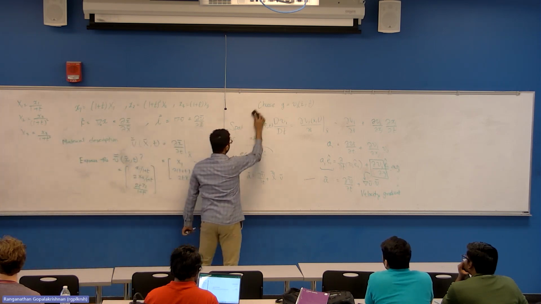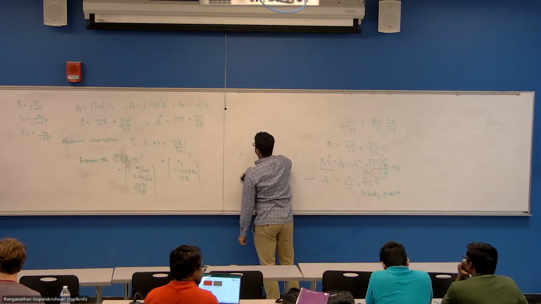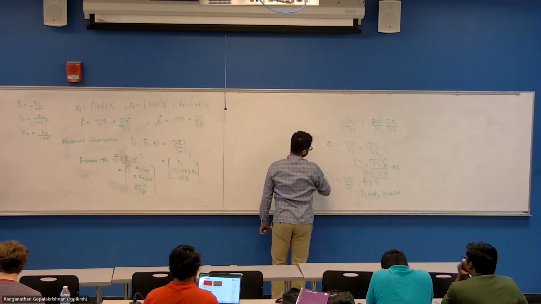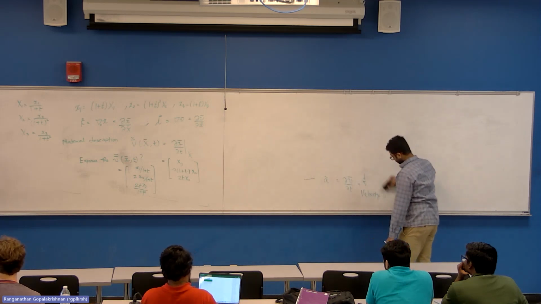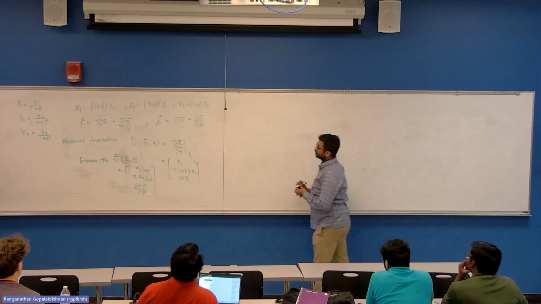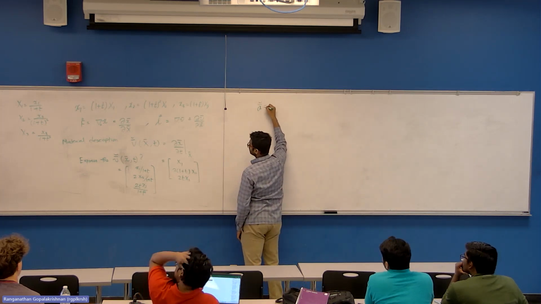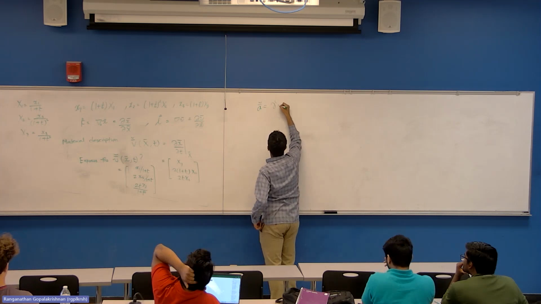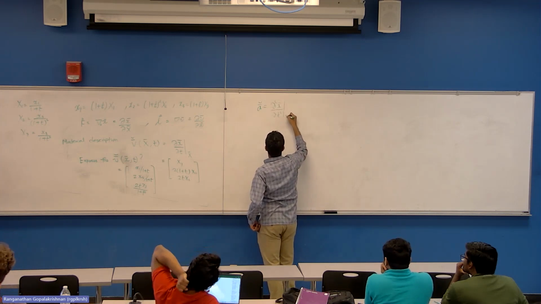We have computed velocity. Let's compute acceleration. Again, acceleration in the material description. That would be the second derivative. Acceleration in the material description would be the second derivative of position with respect to time for a fixed particle.